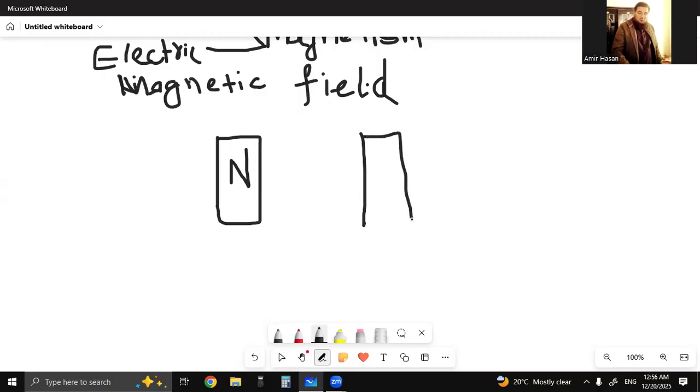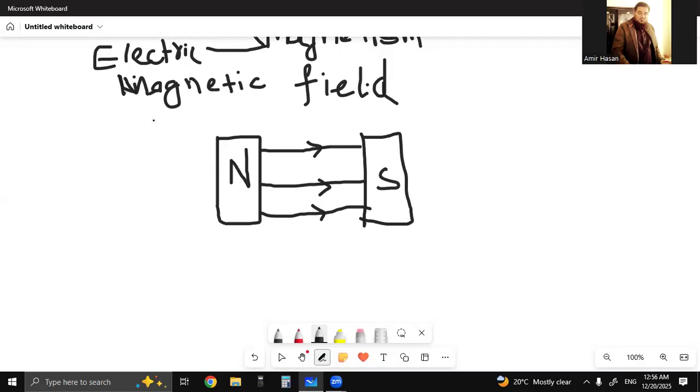When two magnets are placed near each other, how does the magnetic field move? It moves from north to south. I am defining the field with respect to electromagnetism. Okay, student? Now try to understand it.